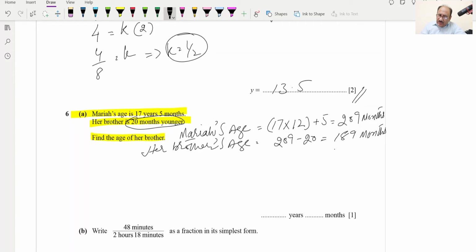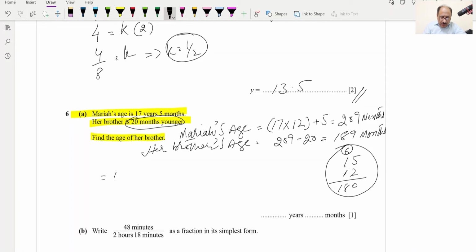Now 189 months we can convert. 15 multiplied by 12 will be how much? 12 5s are 60, so 180. 180 months are 15 years.